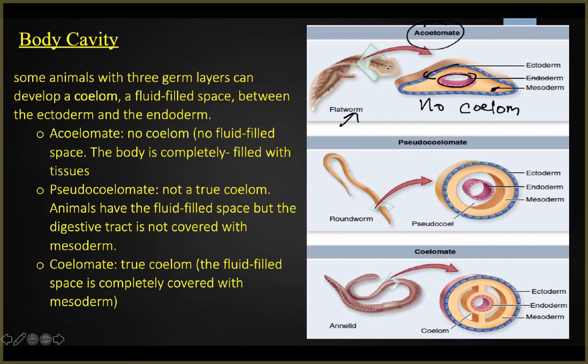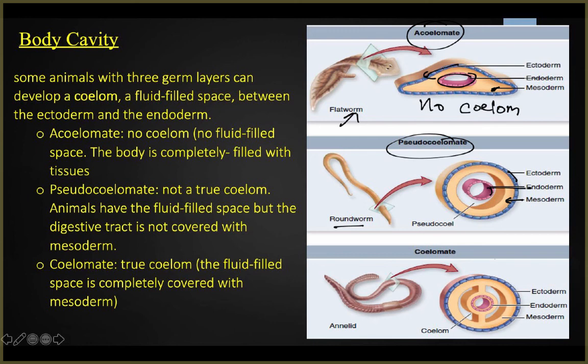Now the pseudocoelomate, which is here, which is a roundworm, you'll notice that you have the ectoderm on the outside, the endoderm, and then the mesoderm here. It's not a true coelom. They do have a fluid-filled space, but the digestive tract is not covered with mesoderm.